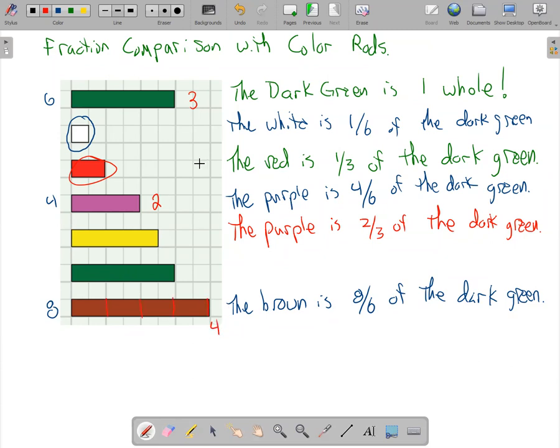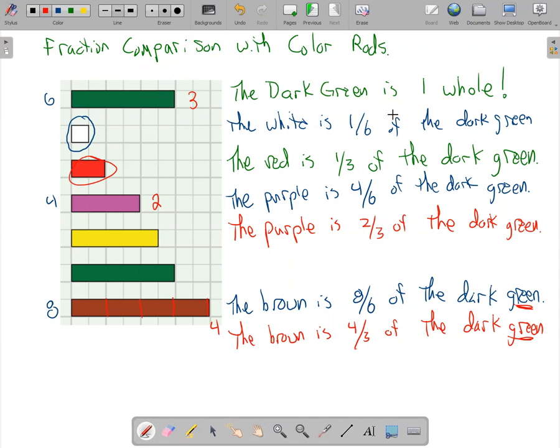So the comparison would be 4/3. Brown is 4/3 of the dark green. Now, since I'm comparing to the dark green, it pretty much dictates what my denominator is. Okay, and I was looking at it as 6 groups of 1 or 3 groups of 2.